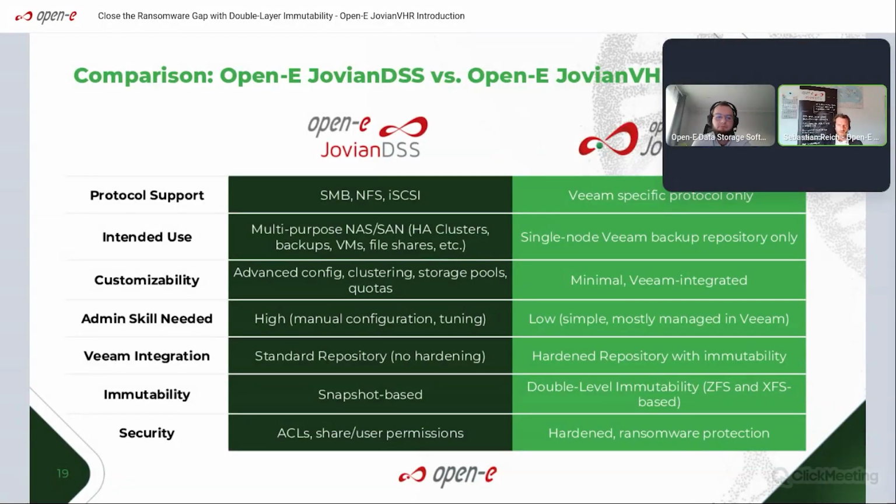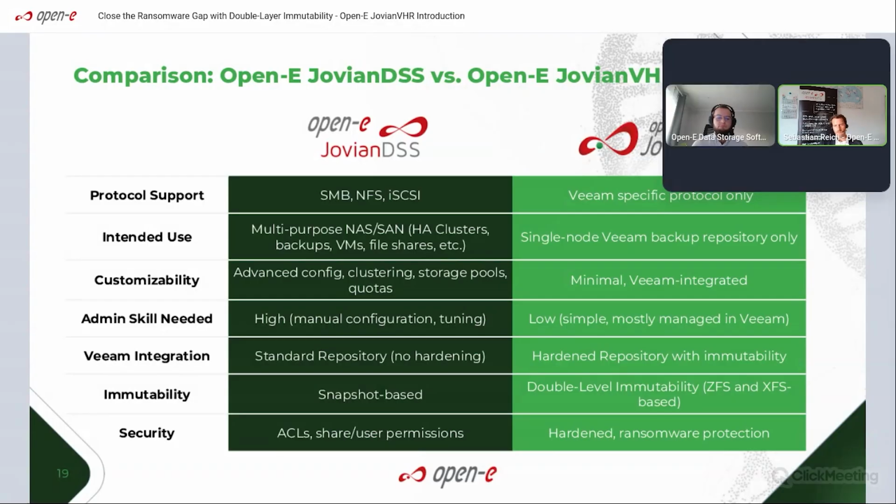So, yeah, VHR is the total opposite of this. It is a single node solution based on the Veeam backup repository only, basically. So there is not really much to do. When it comes to customization, with Jovian we have a lot of tuning options. We can do block size as well.